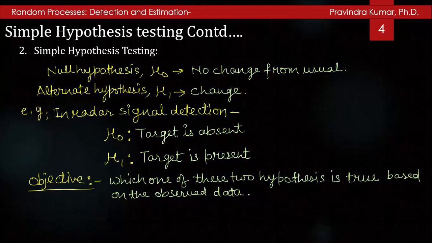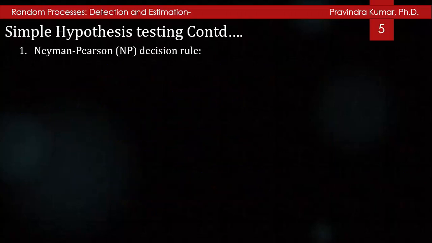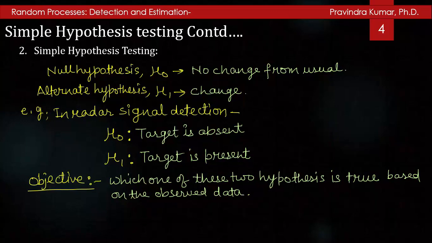In simple hypothesis testing, the PDF of each assumed hypothesis is completely known. The classical or parametric detection approach is based on the Neyman-Pearson theorem, and the Bayesian approach is based on the minimization of the Bayes risk.